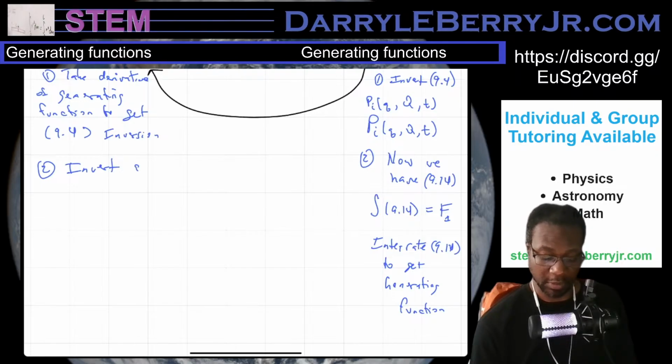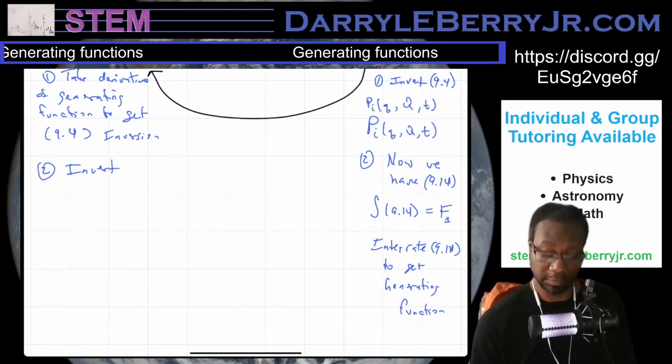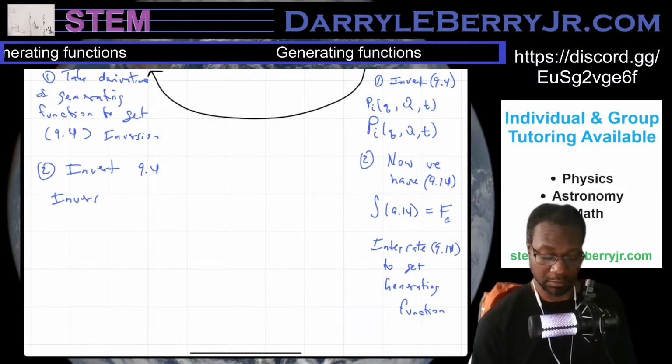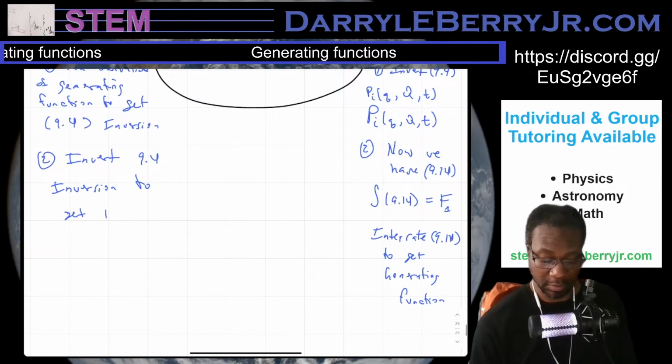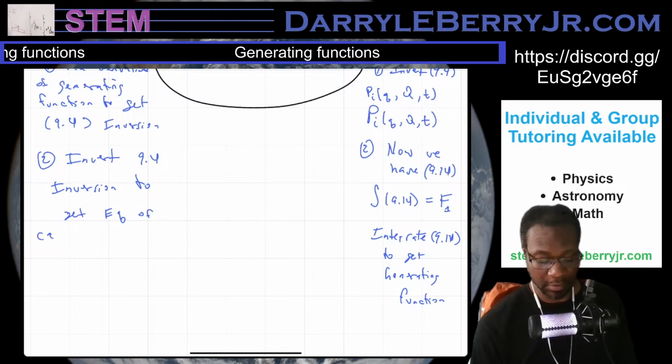Invert 9.4 inversion to get the equations of canonical transformation.